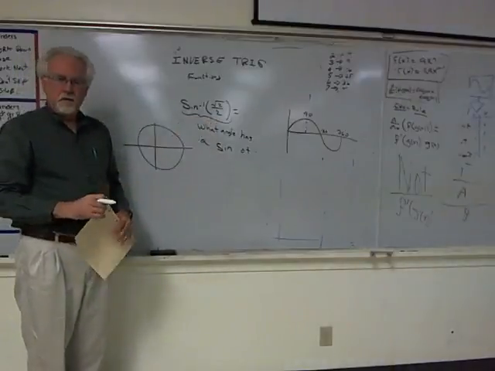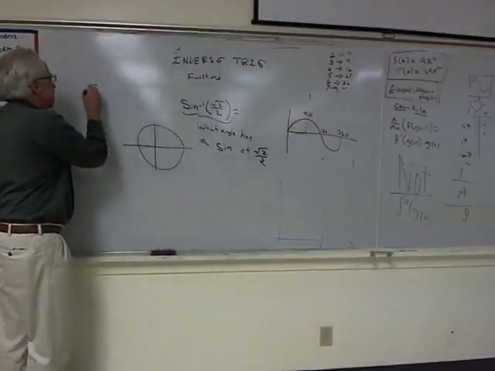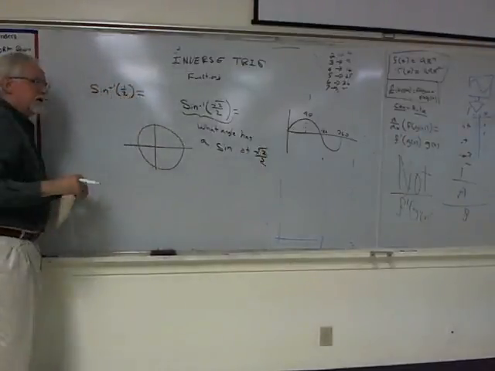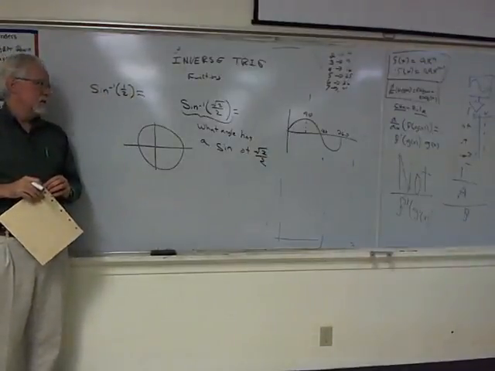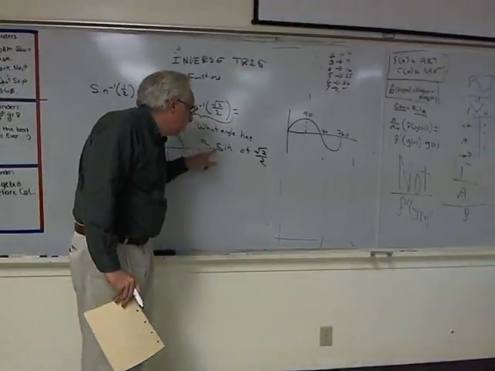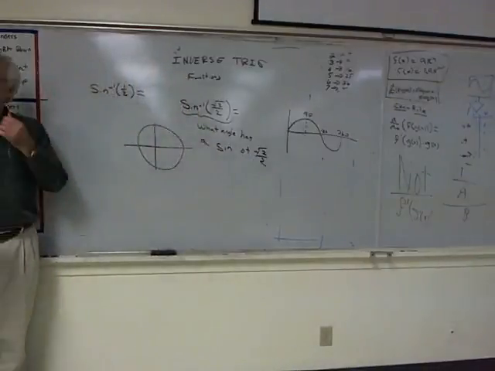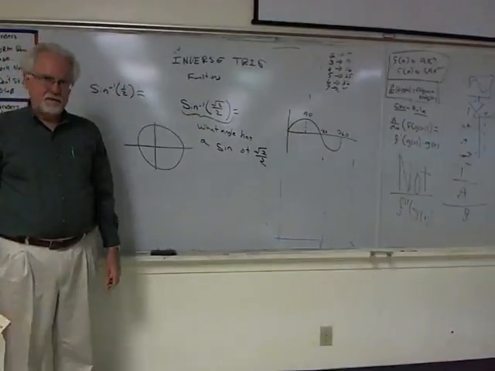sine inverse of square root of 2 over 2 is equal to what? When I say sine inverse of square root of 2 over 2, tell me a way that you could look at this. How could you think about this? Think about it on the unit circle. And what are you asking? This is the question that this is saying, and you have to understand this.